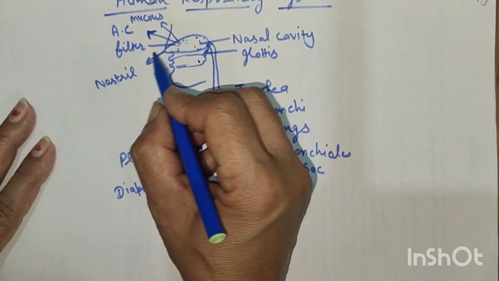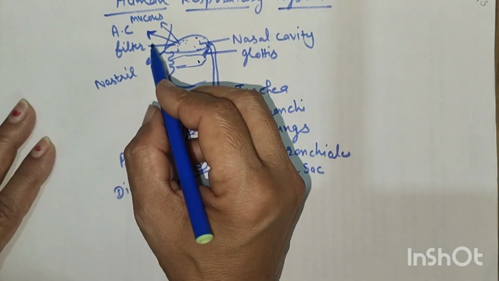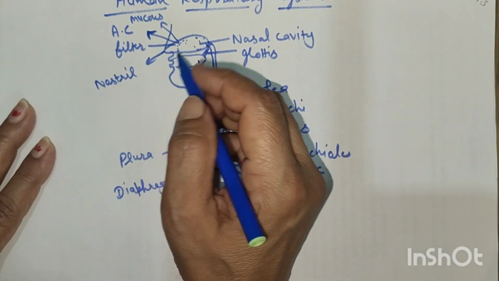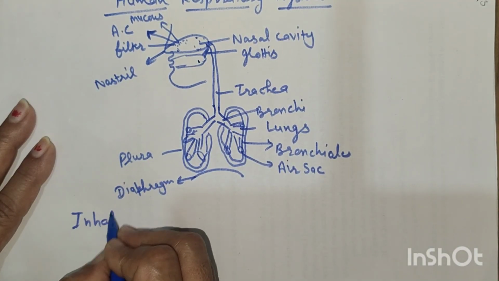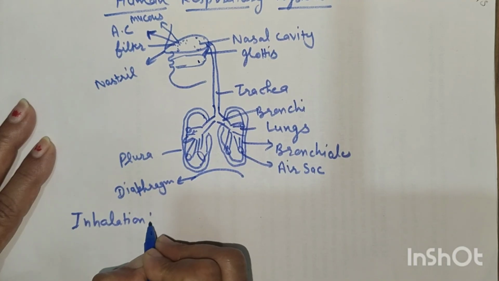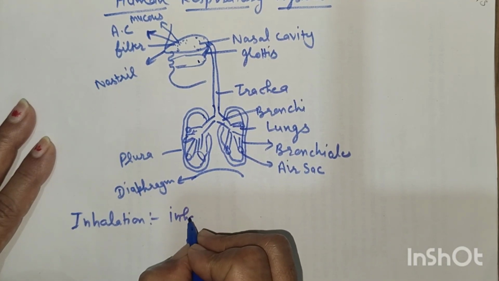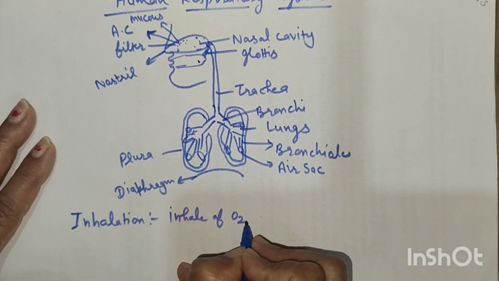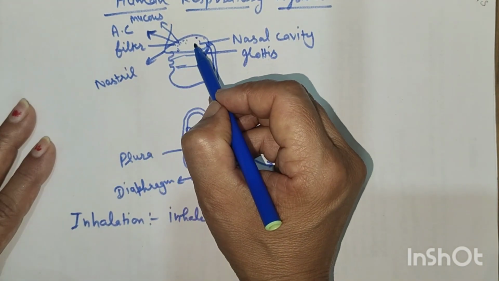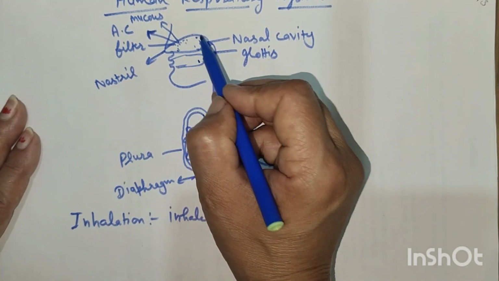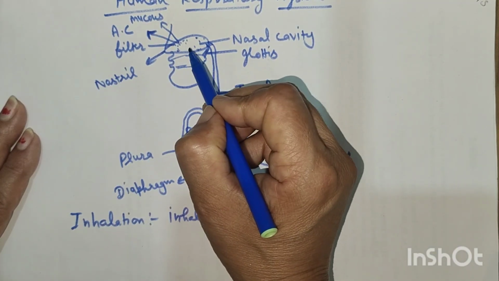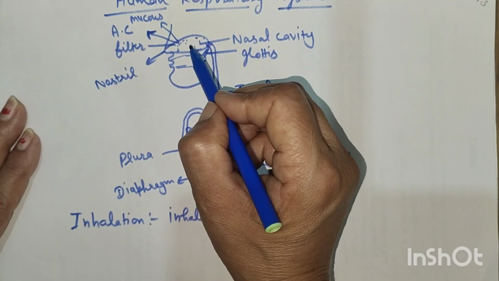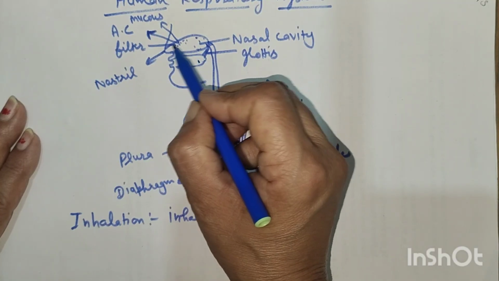Now, when we inhale air, that process is called inhalation. Inhalation means inhaling O2 or oxygen. When we inhale oxygen, the hairs filter the air and stop dust particles and insects, and also control the temperature of the air.